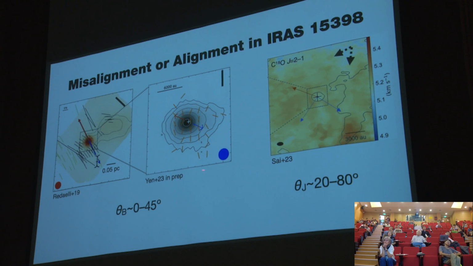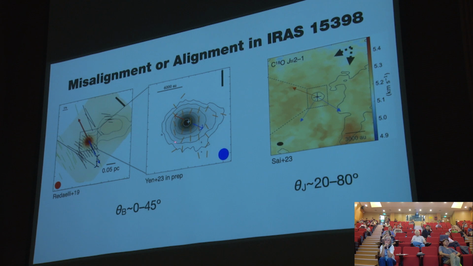These magnetic field vectors are inferred from polarization observation, and this is seen in one line on 10,000 AU scale. Basically, we assume that this emission traces the core motion from the 10,000 AU scale.